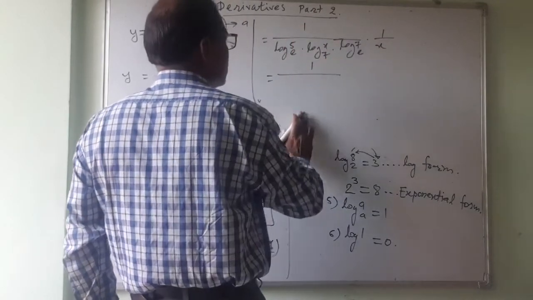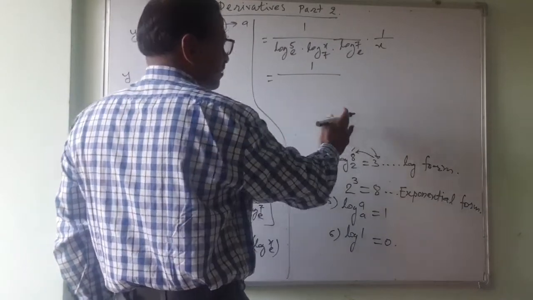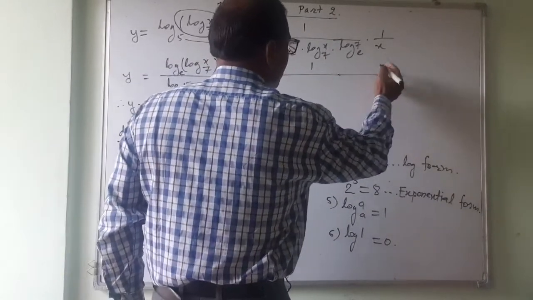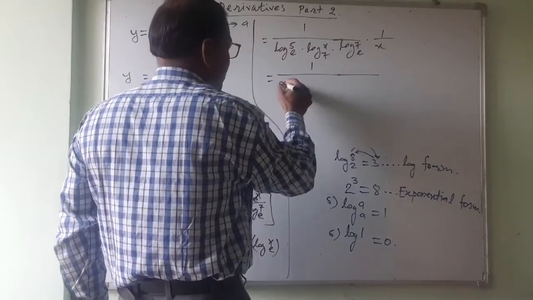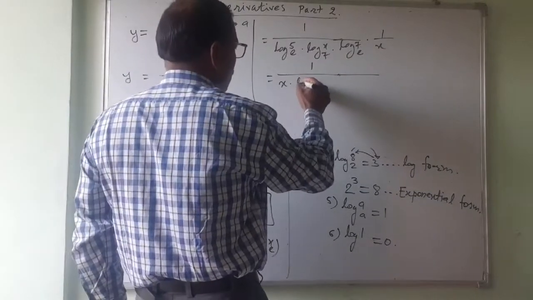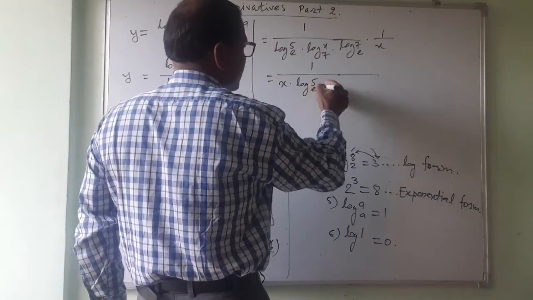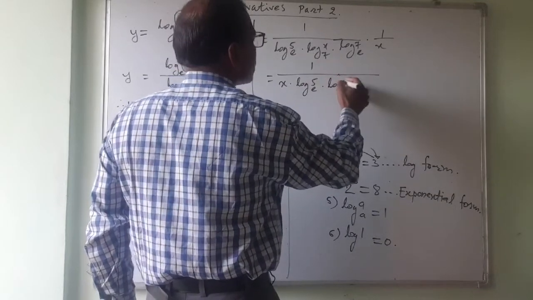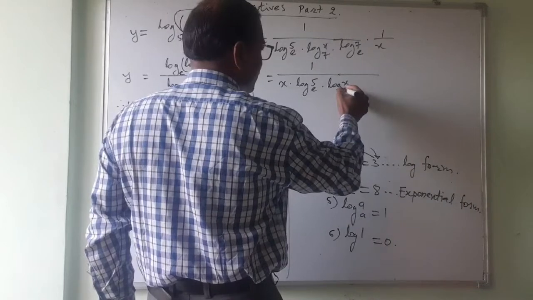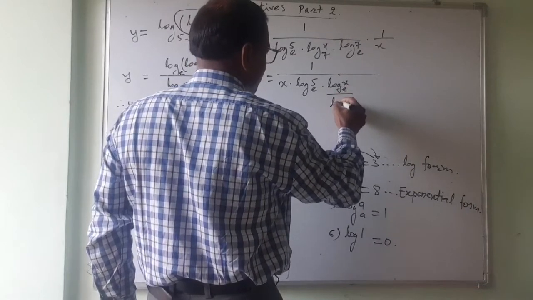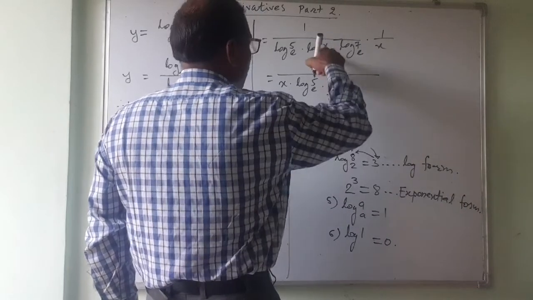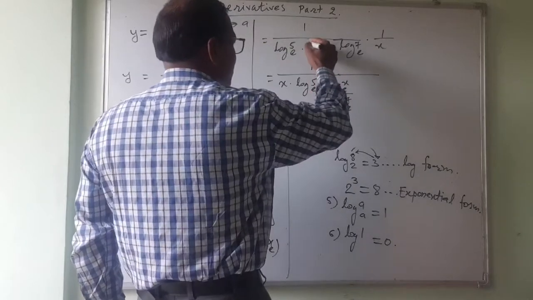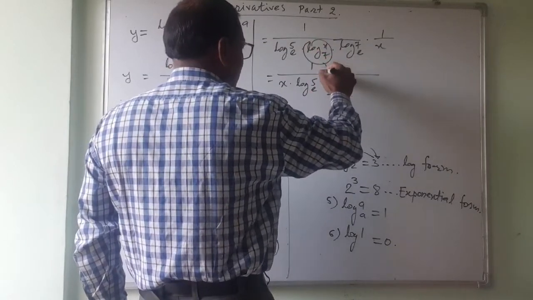At many places this explanation is not given, so remember this. This x I will write here, log of 5 to the base e into, by change of base, log of x to the base e upon log of 7 to the base e. For this I am writing this much part.